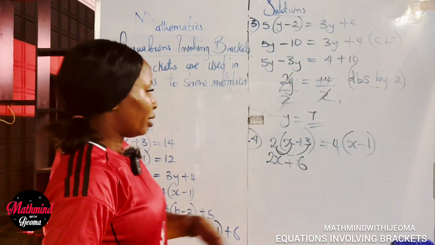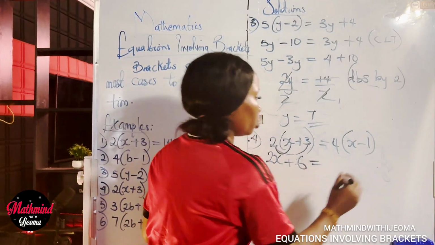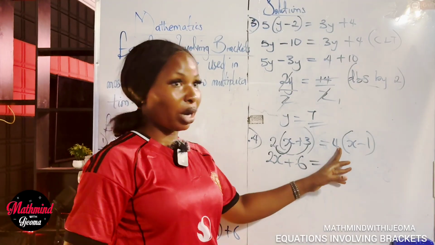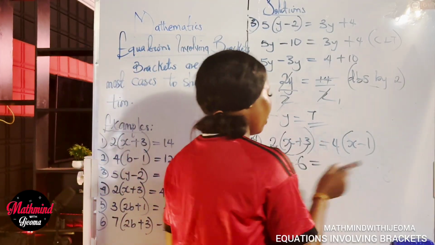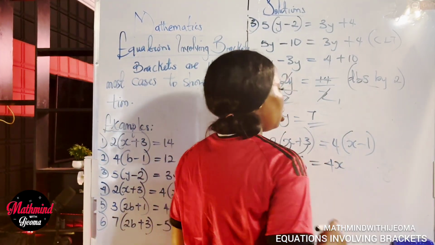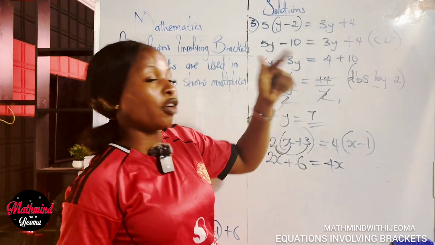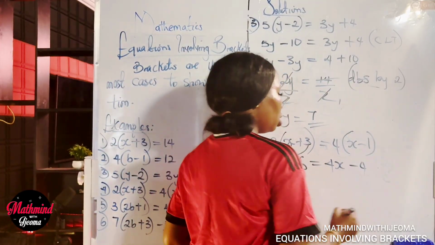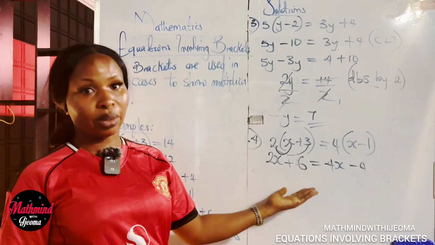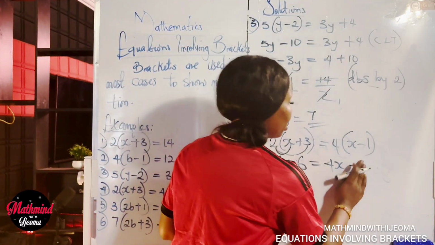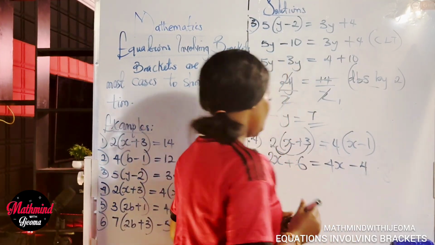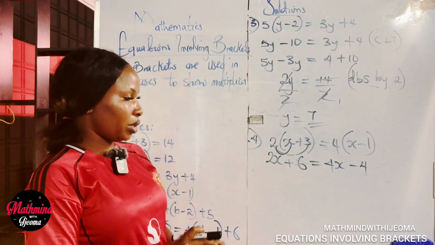Okay? Then equal to 4, we open the bracket here. 4 times x will give us 4x. 4 times minus 1 will give us minus 4. We are done opening the bracket. What's next? Collect like terms.